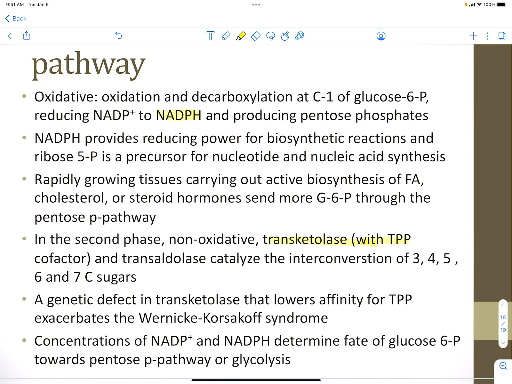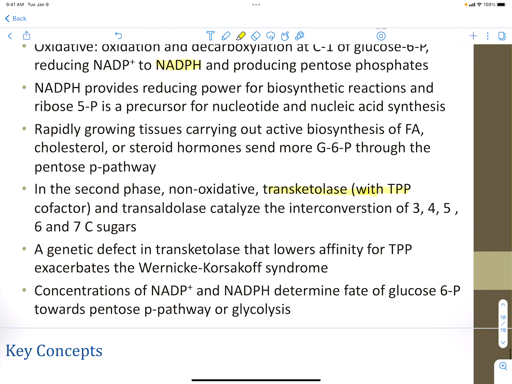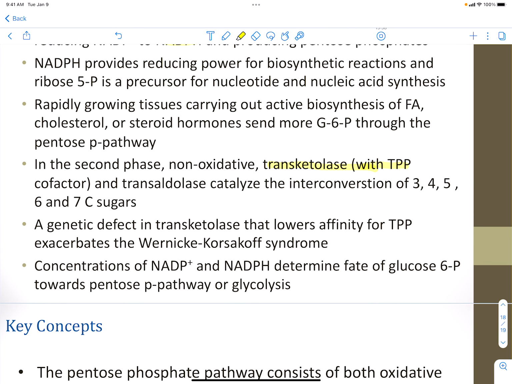And then you're going to convert back to either a 6-carbon through fructose 6-phosphate or a 3-carbon in order to re-enter glycolysis. If you have a defect in transketolase, you're going to have some syndromes associated with that. And then, of course, NADPH is a negative inhibitor of glucose 6-phosphate dehydrogenase. So high levels of NADPH, you will turn off the pentose phosphate pathway.